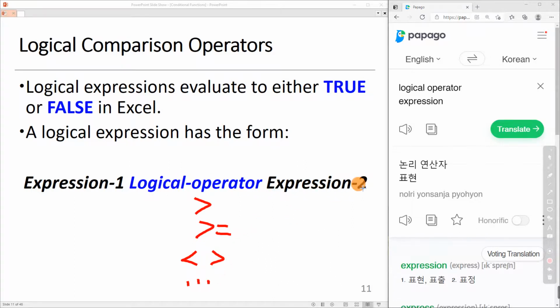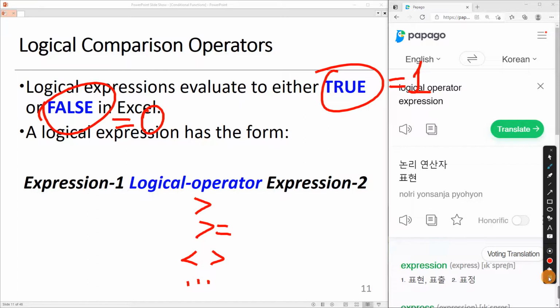And don't forget the second expression. Only then can you get the output, so two outputs, false and true, 0 or 1. This is what I wanted to tell you about logical comparison operators.